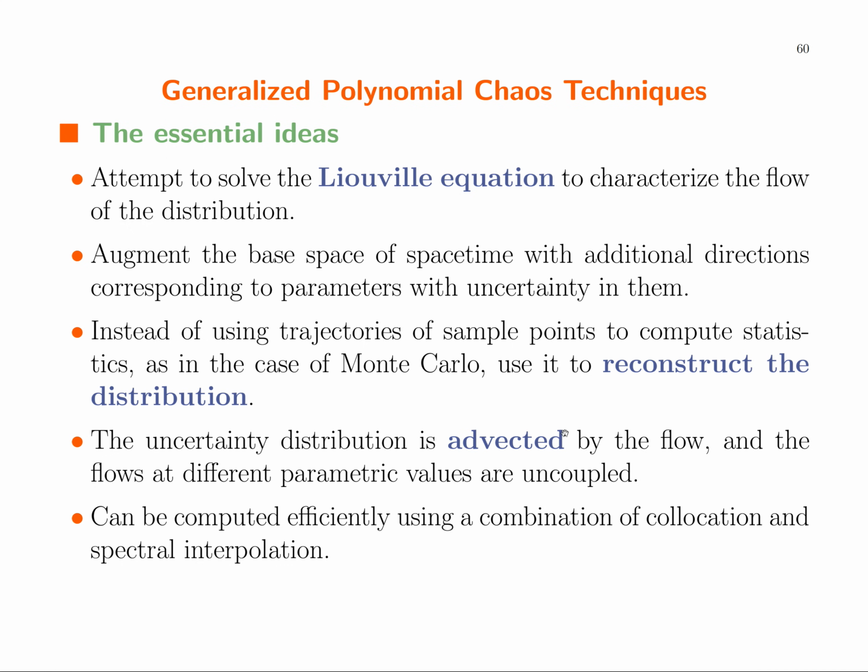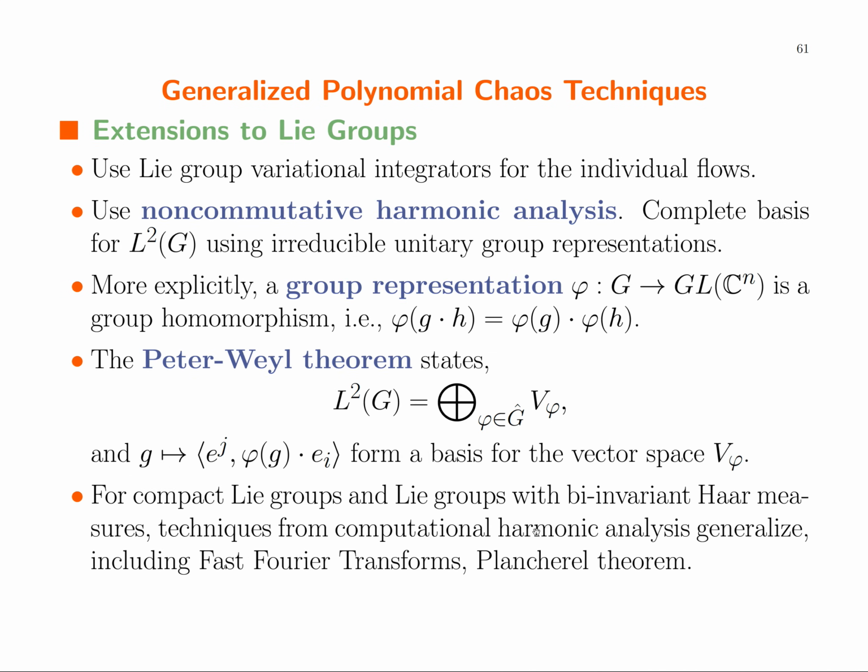This uncertainty distribution is advected by the flow, and the advantage is that this can be done in parallel, and the reconstruction can be done efficiently using a combination of collocation and spectral interpolation. This raises the question of how you represent probability distributions in curved spaces.